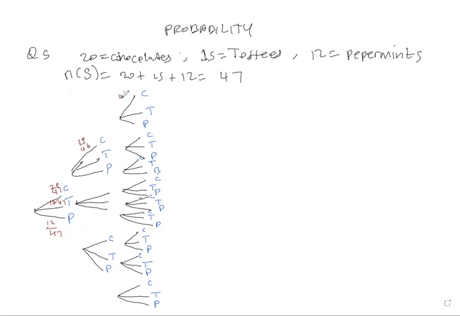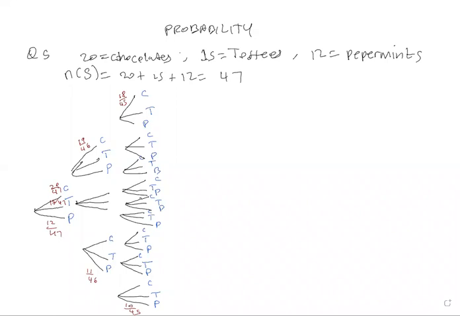There we have now 18 out of 45. Then the same also happens down here. At this point, we've got 11 out of 46. Here we've got now 10 out of 45 for the peppermint.